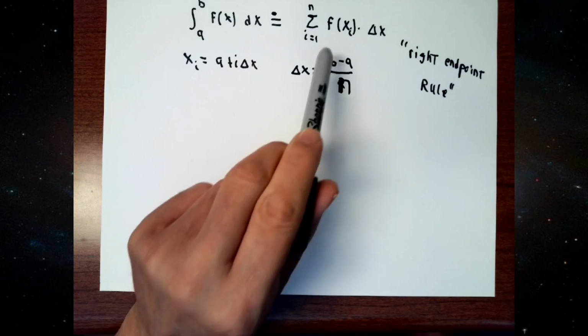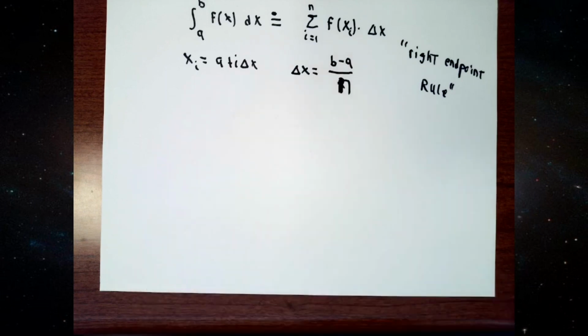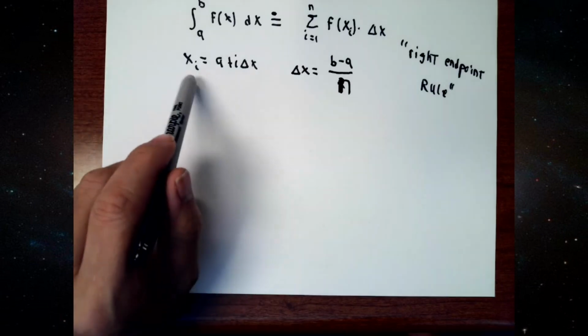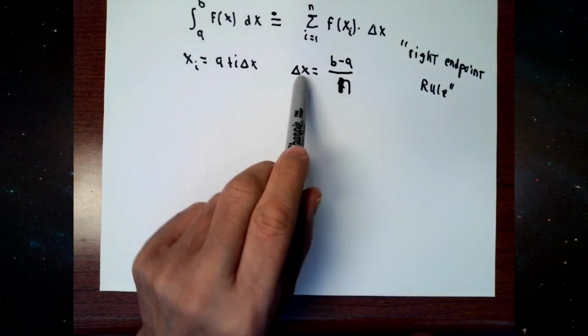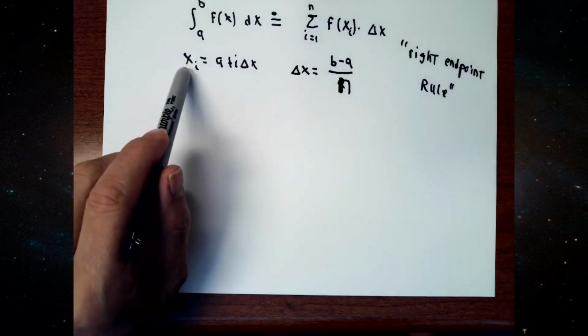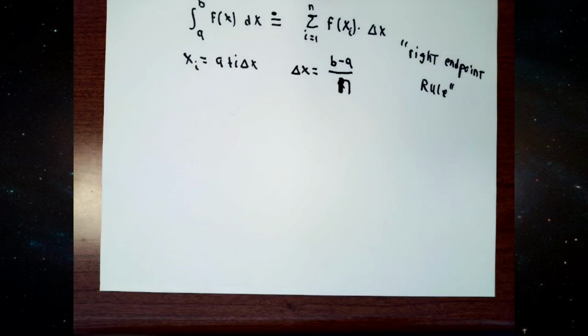Delta x is b minus a over n, where n is how many subdivisions I decide. And x number i, having selected the n, and therefore the delta x, is just going to be a plus i times delta x.